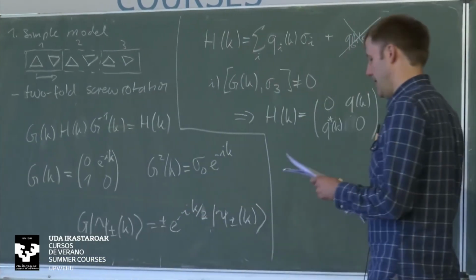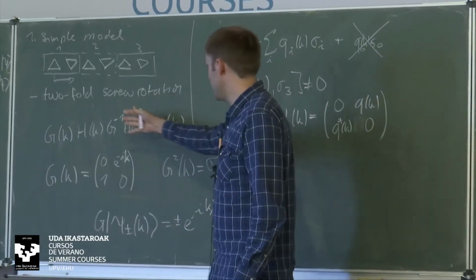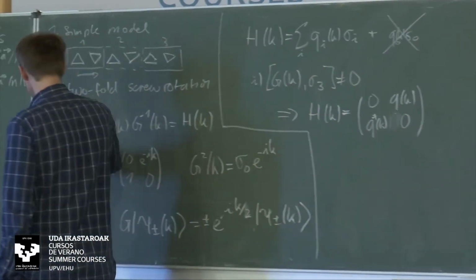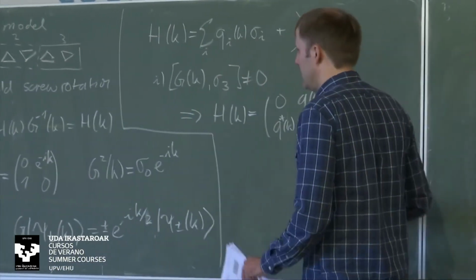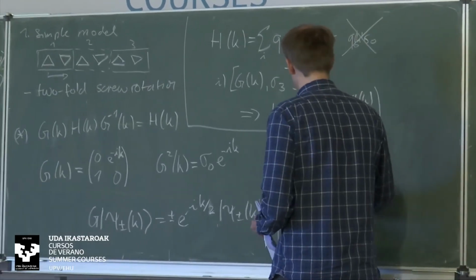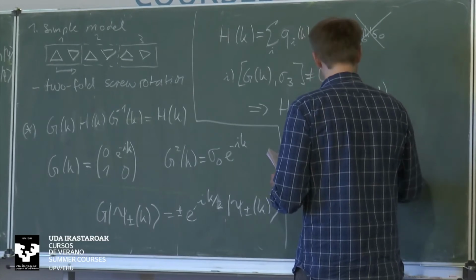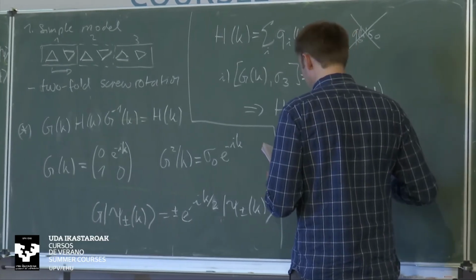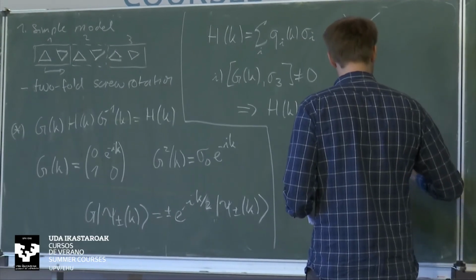Okay, so then we apply this symmetry condition here to this Hamiltonian here. So we have to multiply out these matrices, and basically what you get is this condition. So Q of k e to the ik is equal to Q star of k.